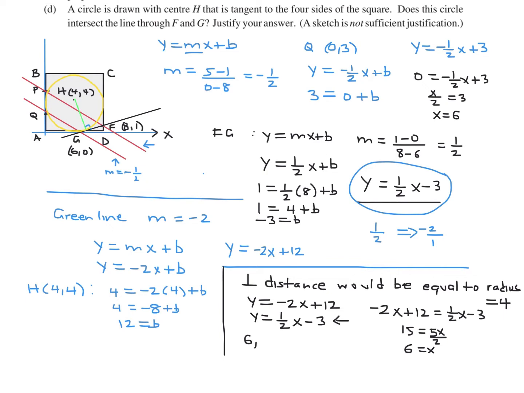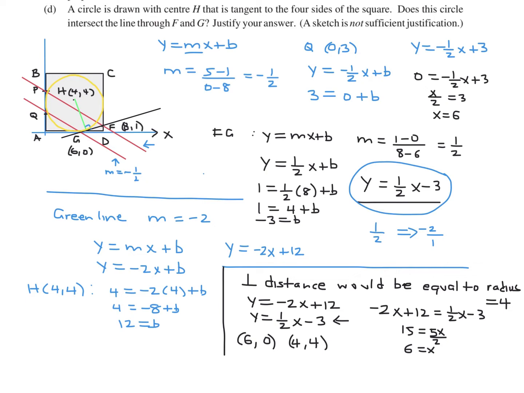When x is 6, you get 0. Okay. So this point right here where those two lines intersect is 6, 0. And we have to figure out if the distance from 6, 0 to the center, 4, 4, is equal to 4. If it is, then that means that the circle intersects that line.